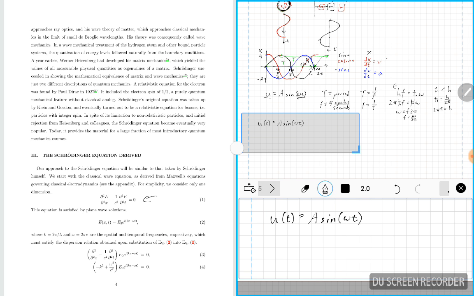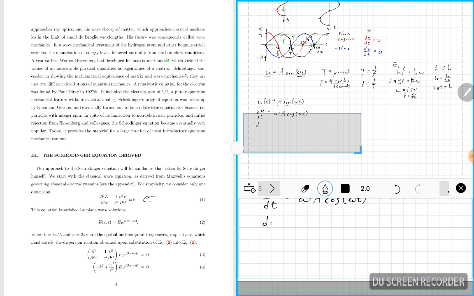We're also going to look at u as a function of x next. Now if I take the derivative of u, du dt, that's where I get my cosine. Now to take my derivative, I have to take the derivative of the inside, that is omega, times the derivative of the outside, that is a cosine omega t.